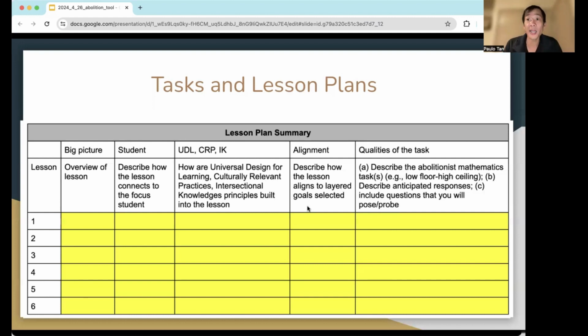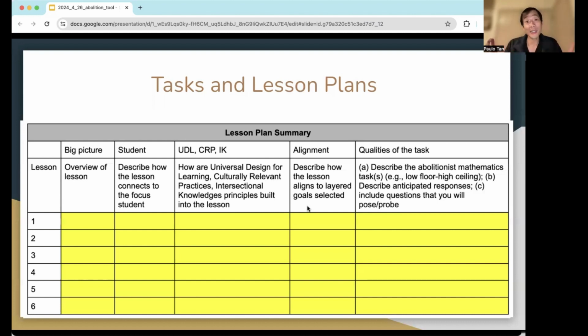And again, this is one way with this unit planning tool that has prospective teachers engage in unit planning in ways that are very counter to how we traditionally approach unit planning, in how we think about equity goals and how we think about students who are often the most marginalized in mathematics education, and then ask prospective teachers to put all this together in a way that is tightly aligned.